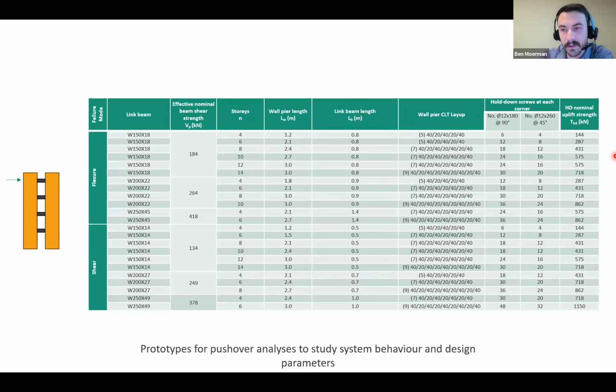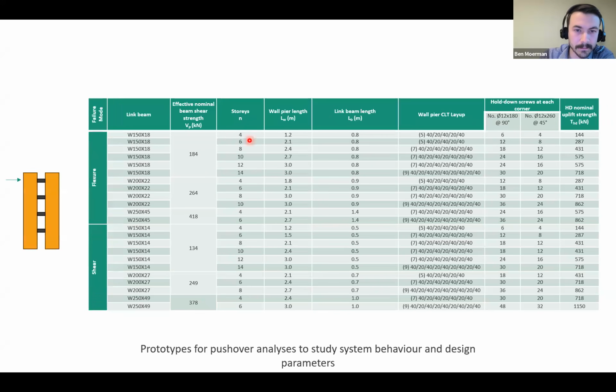Before we actually went all the way and looked at a bunch of buildings and tried the design method, we wanted to get a bit of a feel for how the system behaves laterally. So following just the first couple steps of that design method on my last slide, we proportioned 20 or 25 buildings, and ran pushovers for all of them.